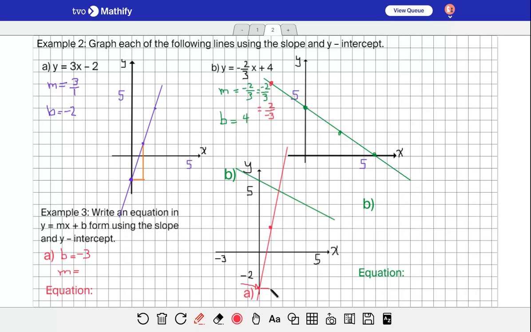So if I join those and make one of those right triangles, there's my run of 1, and it goes up 1, 2, 3, 4, 5. So 5 would be the rise. So rise over run, so 5 over 1, which equals 5. So again, using y equals mx plus b, I'm just going to type that over here.